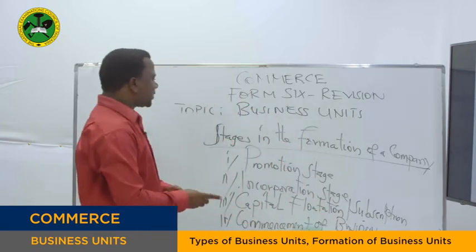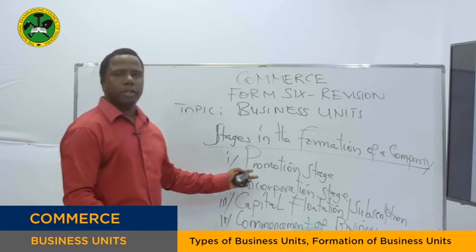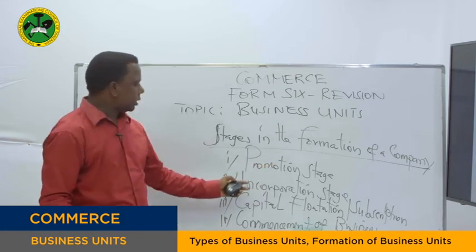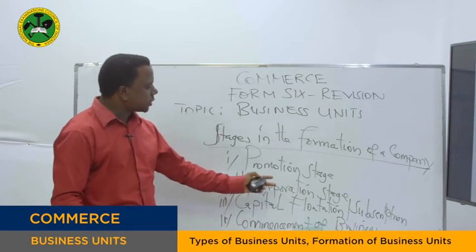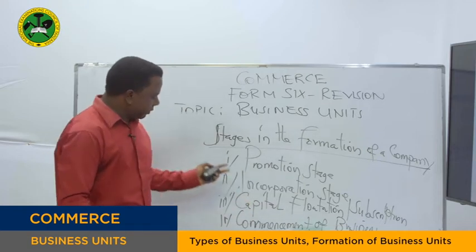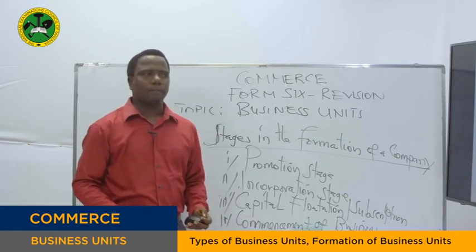Now these are the main stages in the formation of a company. Number one is promotion stage. Number two, incorporation stage. Number three, capital flotation or subscription. And the last stage is commencement of business.